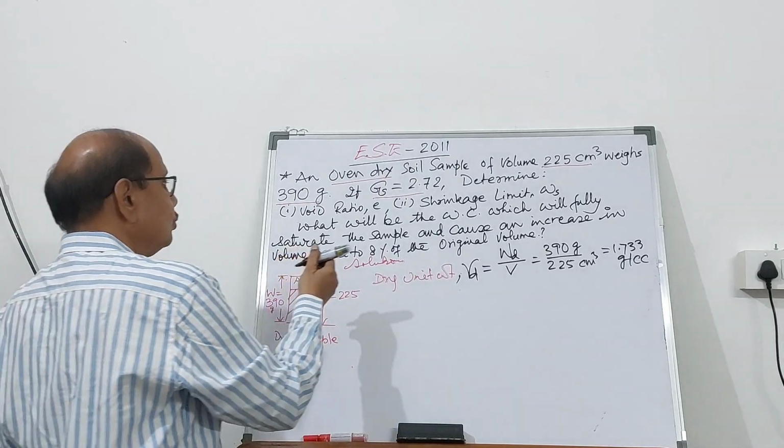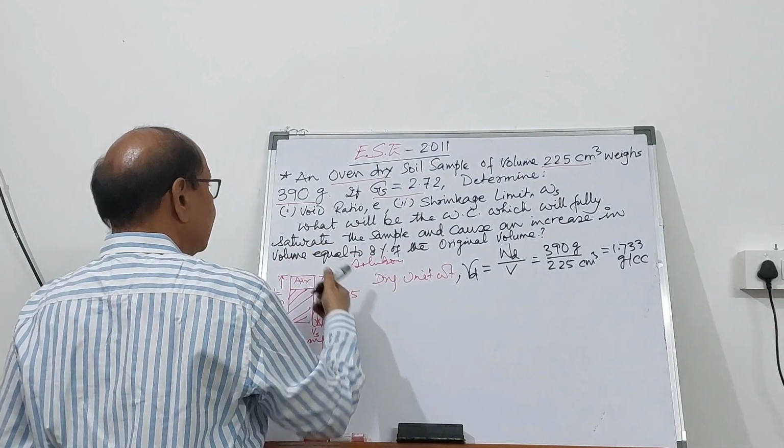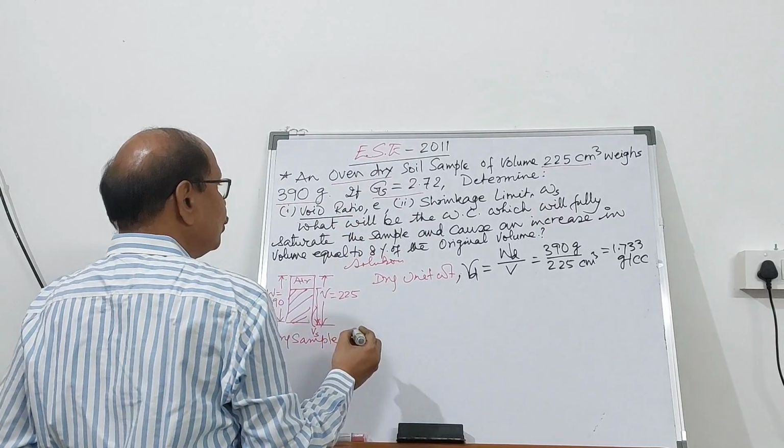Now, once you know the value of gamma d, then you can find out the void ratio.